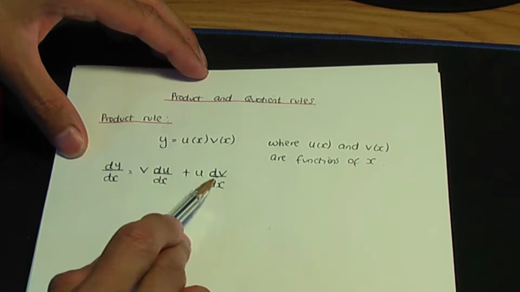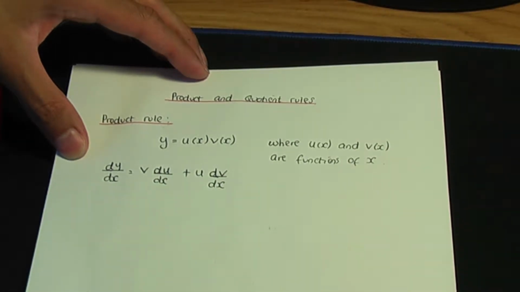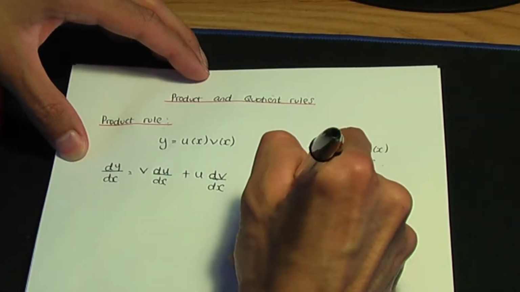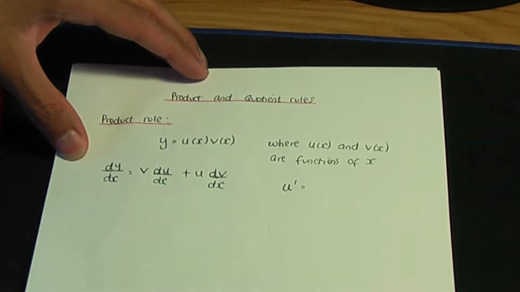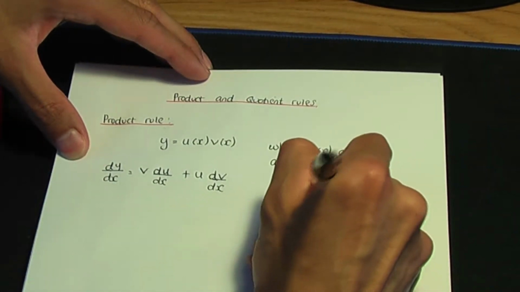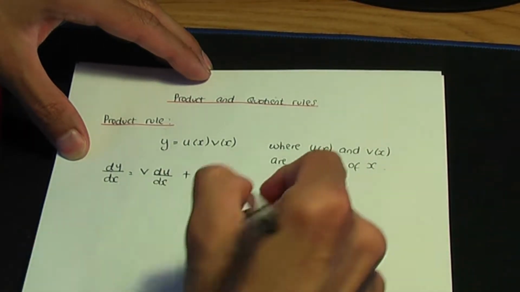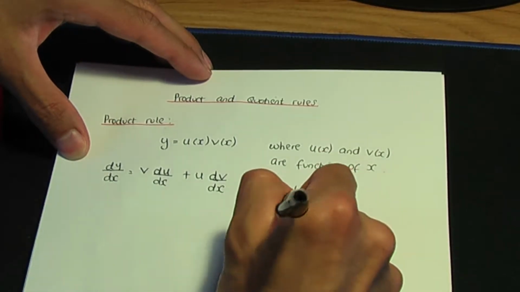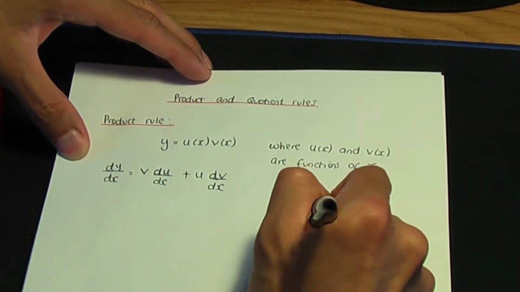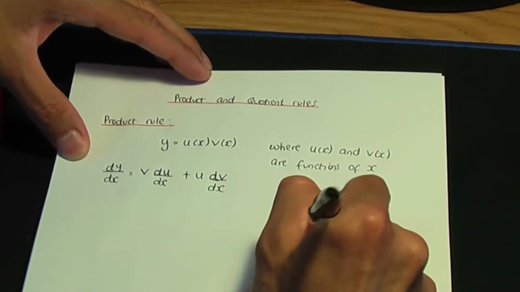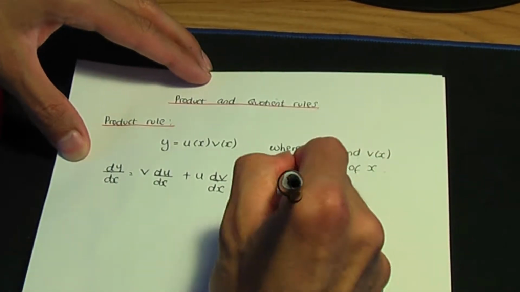Sometimes instead of du over dx and dv over dx, you can use the primed notation. So instead of du over dx, you can write that as u primed. So u primed is the same as du over dx. And likewise, instead of dv over dx, you can use v primed. So v primed is the same as writing dv over dx.